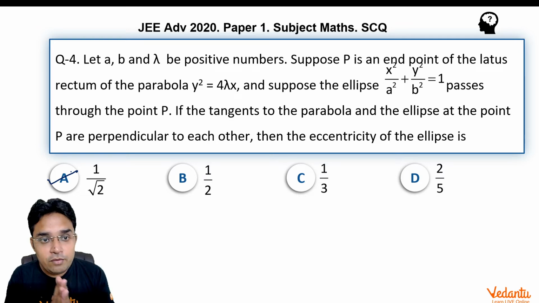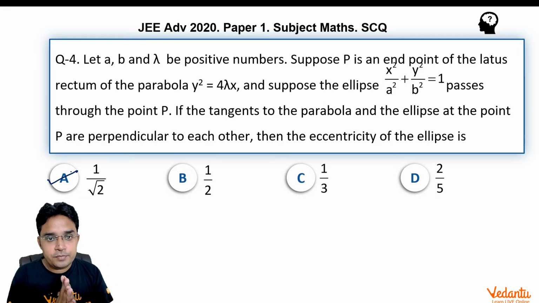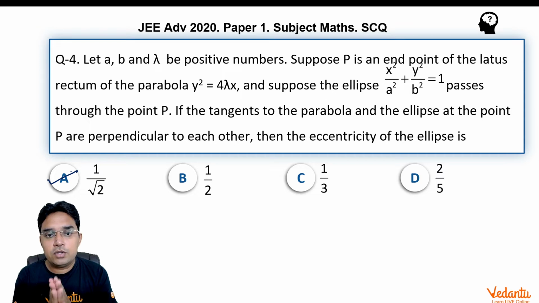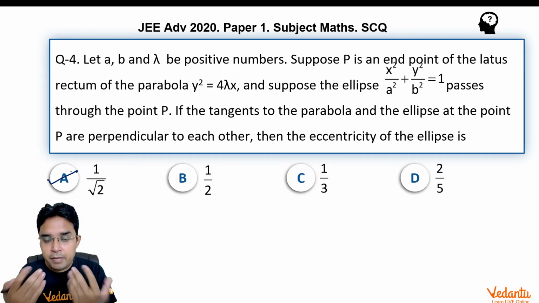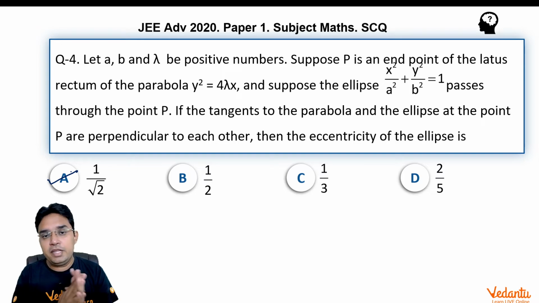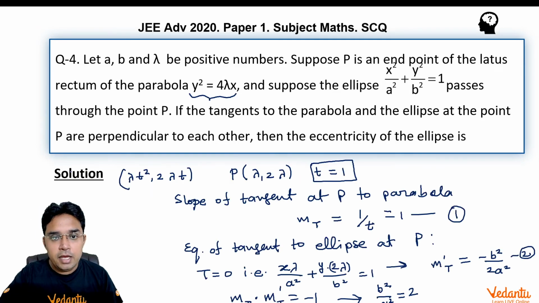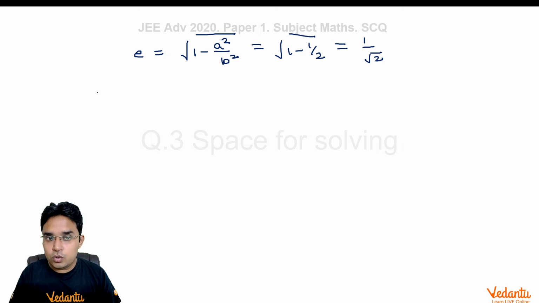Now I will tell you one very important thing about this question. In fact, I will tell you how this question would have appeared in JEE Advanced, what motivation the paper makers would have had while making this question, and you can call this method 2 also. Everyone please see.